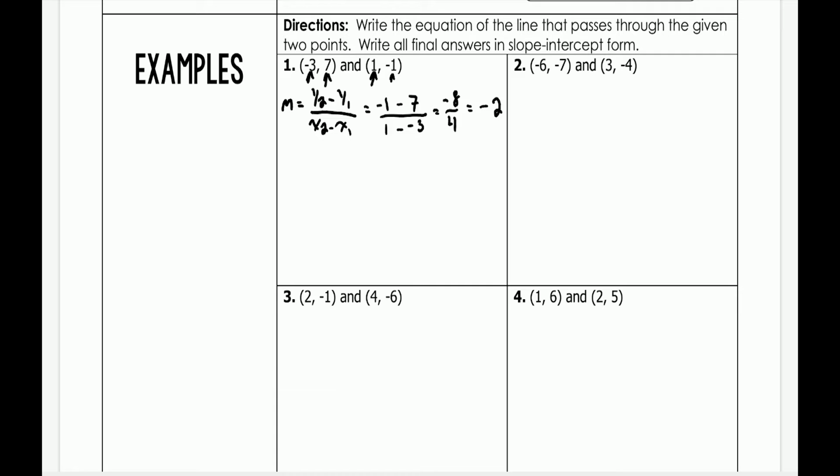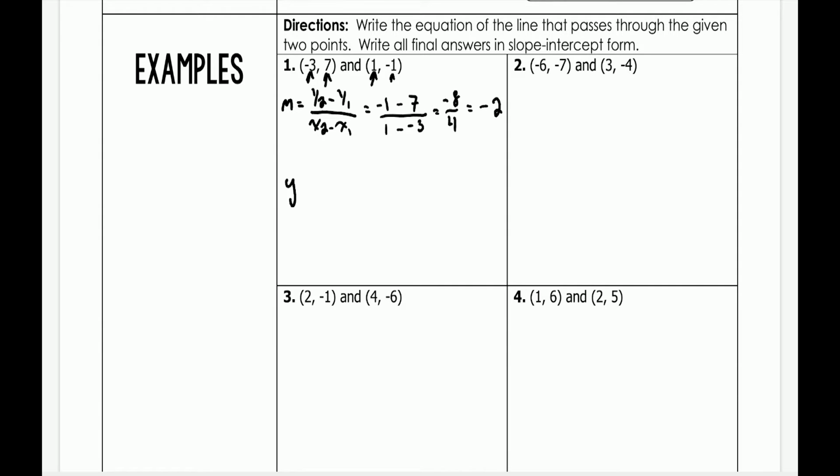Now we have the slope, and we also have a point. So now we can use the point slope formula to determine what the slope intercept form would be. We're still going to be using the first point.